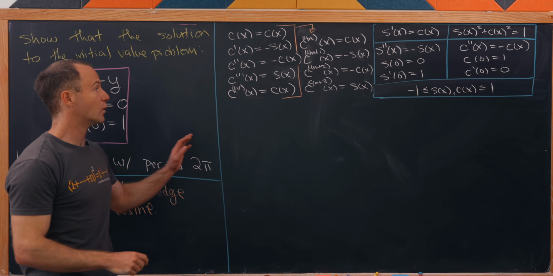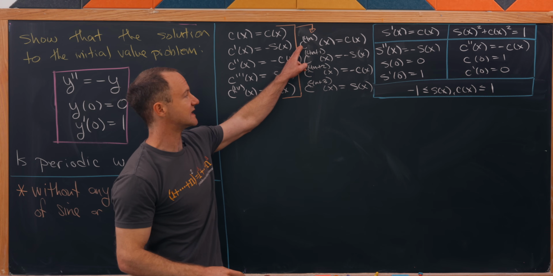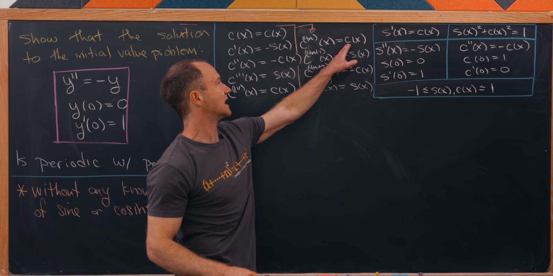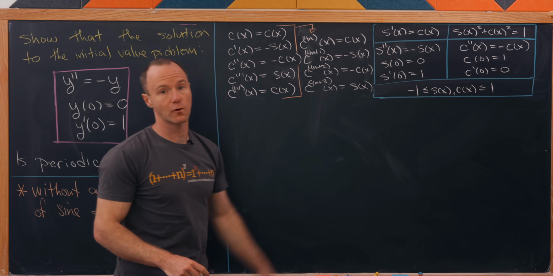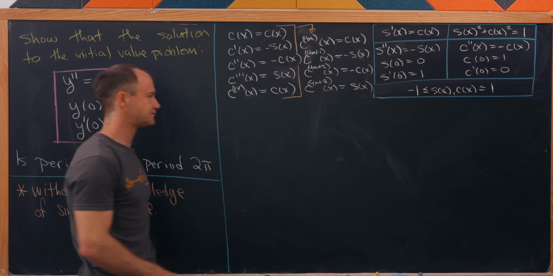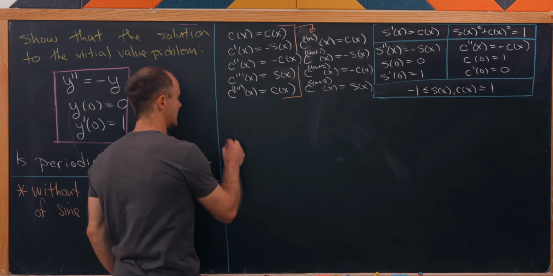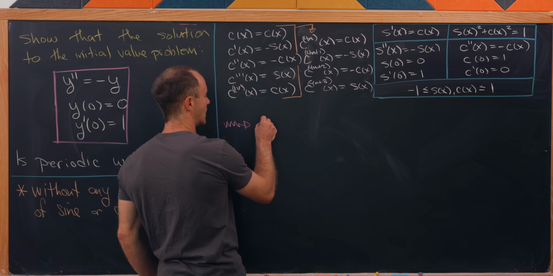And then finally, the 4n plus third derivative of c of x is equal to s of x. And then I think what's most important for our purposes is if we evaluate this at 0, we'll get a positive 1 for the 4nth derivative, a negative 1 for the 4n plus second derivative, and then zeros elsewhere. Okay, but that means by the Taylor series expansion formula, we have the following.